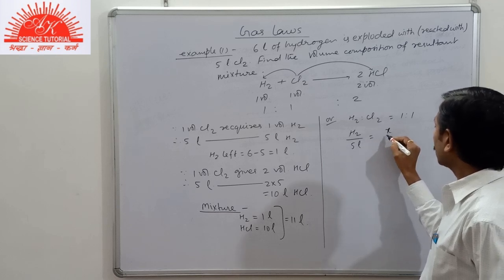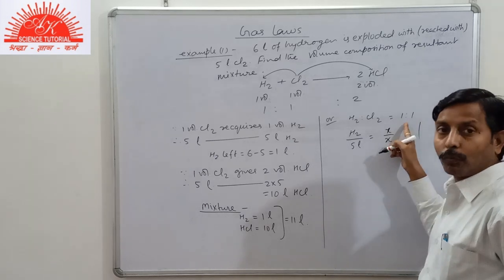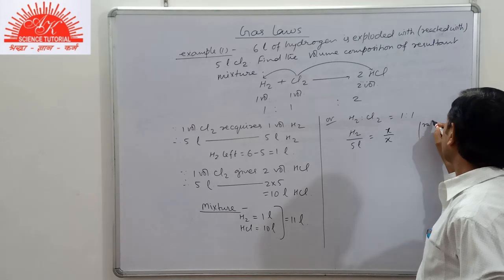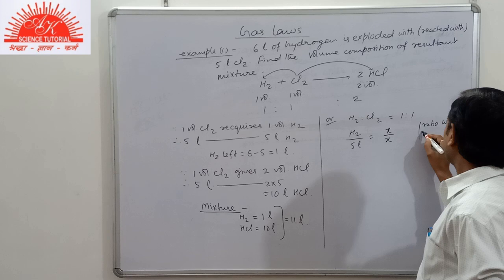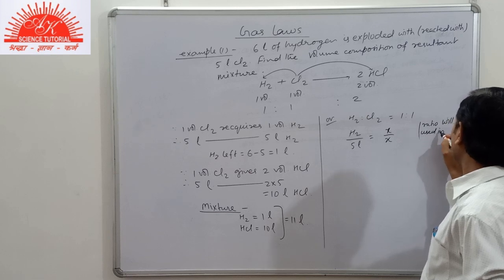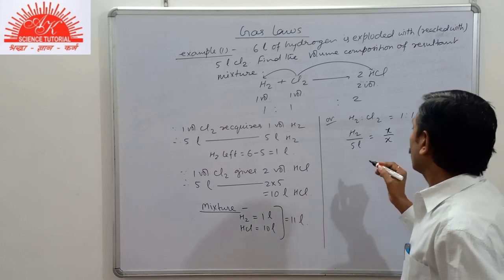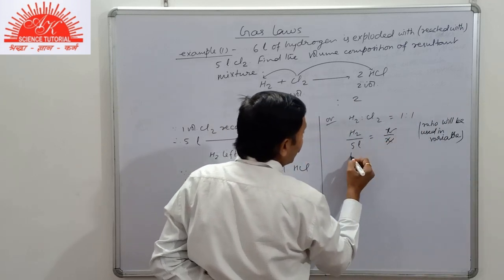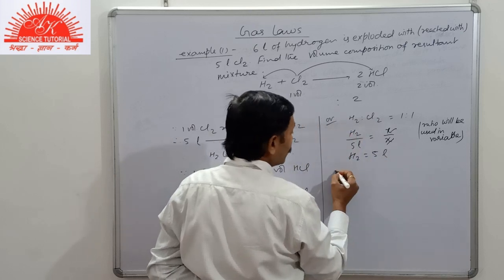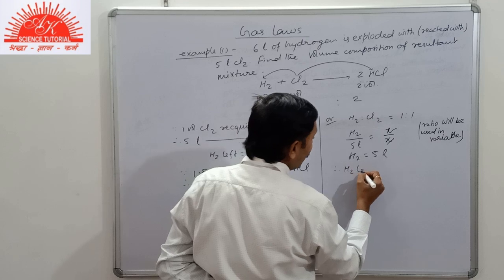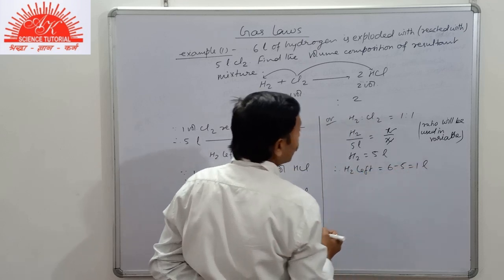Since it is written in ratio, we should use a variable. Now from this part, hydrogen will be 5 liter. 5 liter of hydrogen is used, therefore H2 left is 6 minus 5, that is 1 liter.